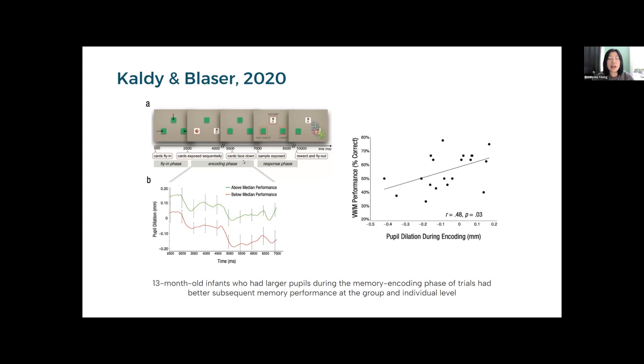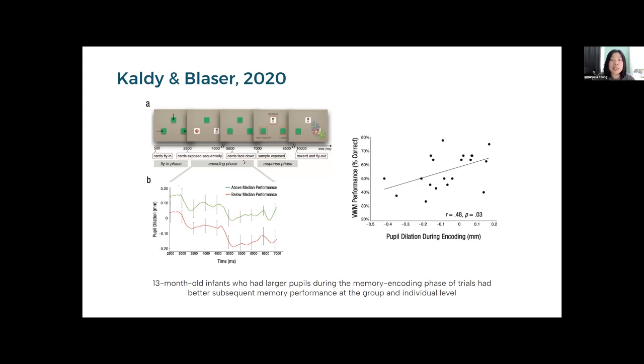Another example of an infant pupillometry study is this one by Kaldy and Blaser from 2020. Here, they investigated the role of cognitive effort in infants' visual working memory. So they used pupillometry as a measure of cognitive effort. They had 13-month-olds in a delayed match retrieval paradigm, and they looked at both their behavioral and pupil responses.